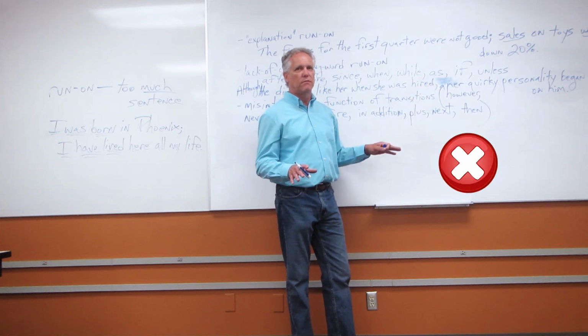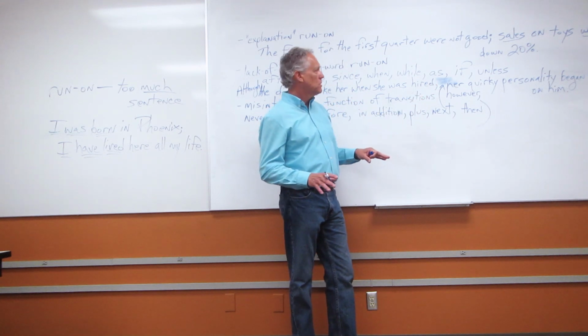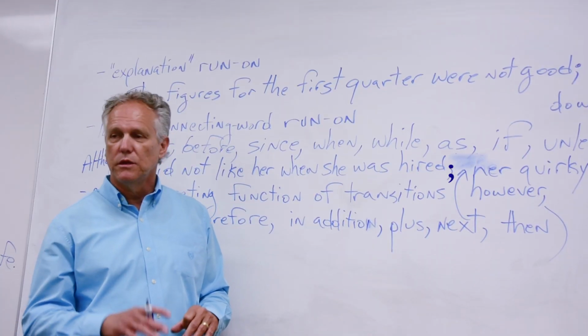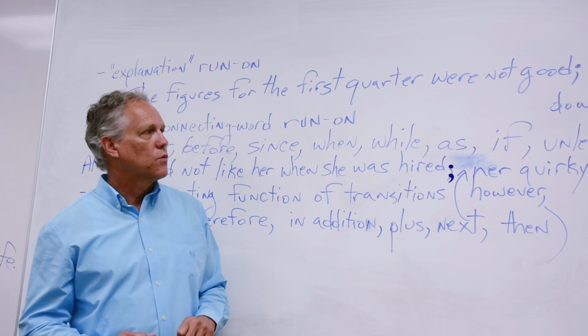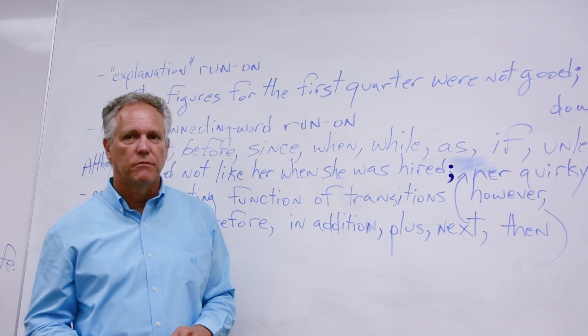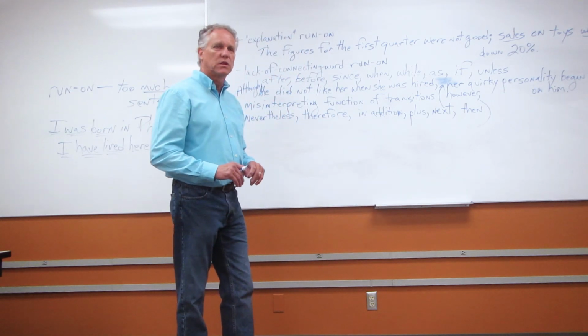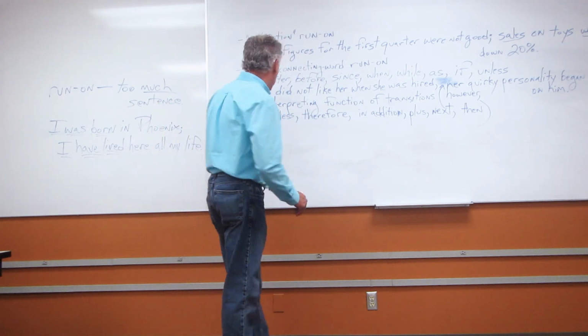You can't do that. It's not the same kind of word. We could have used a semicolon there instead of the comma. Semicolon, however, comma, her quirky personality began to grow on him. That would be fine.